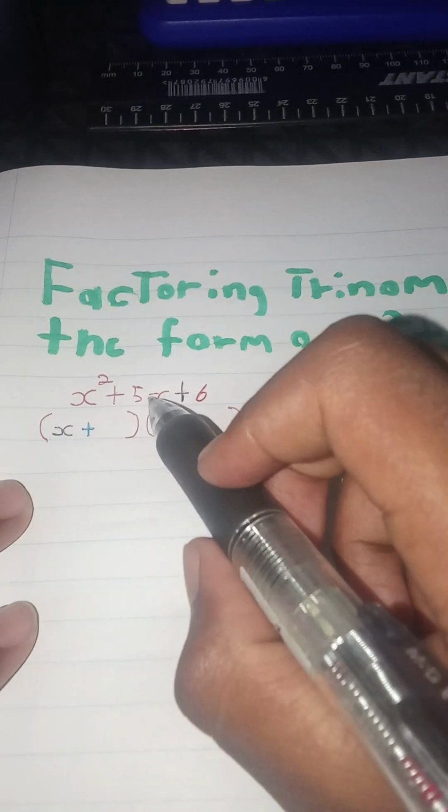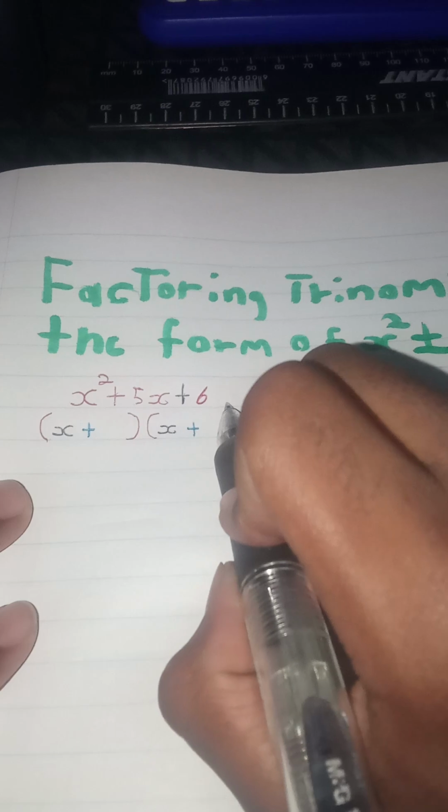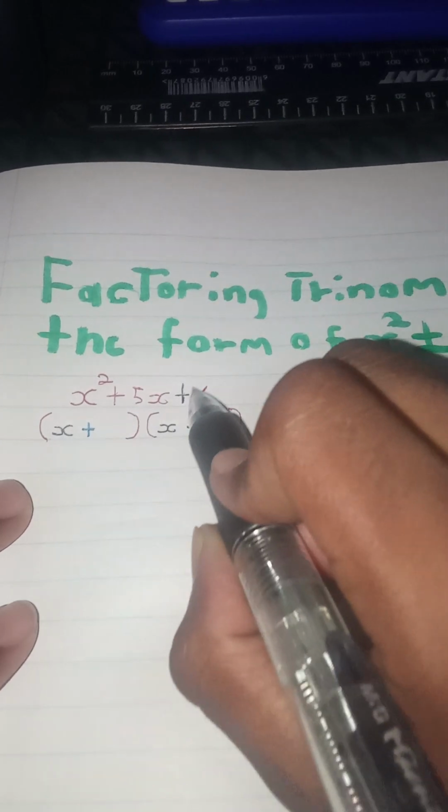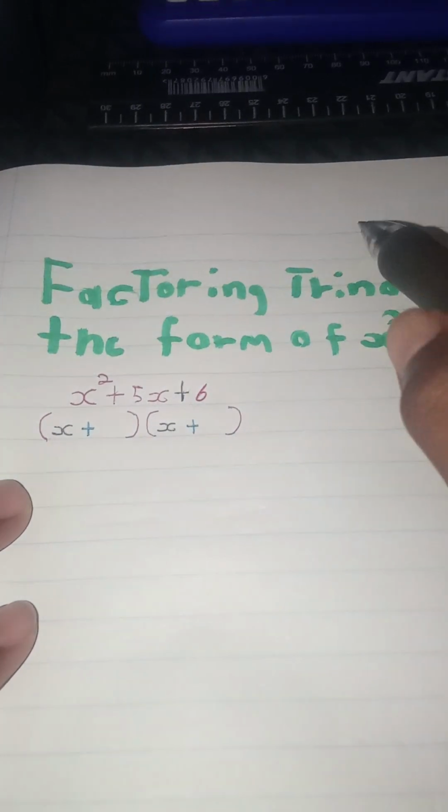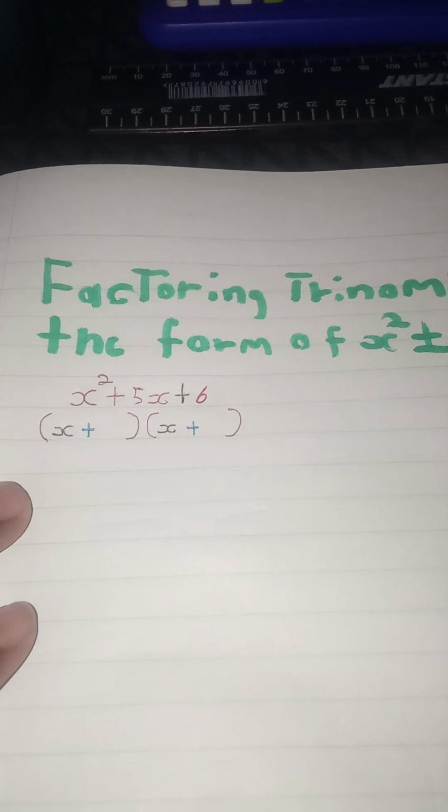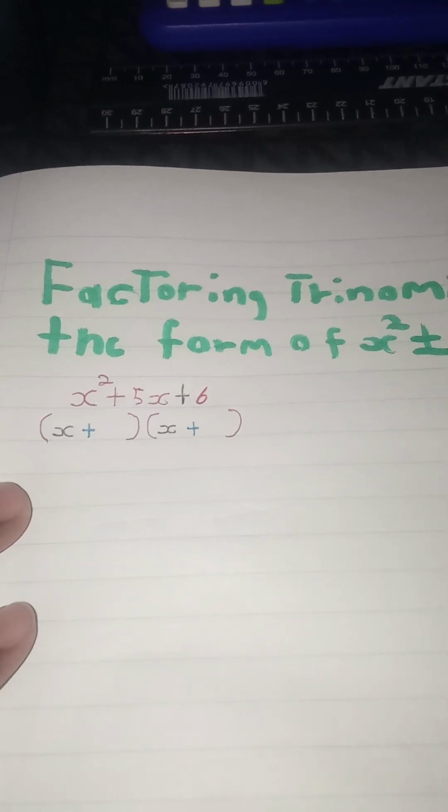Now what you have to do is look for the factors of the constant. The constant is this. And by the way, let me summarize and explain all of this for you.